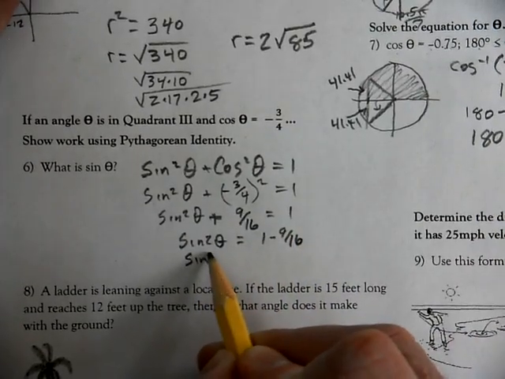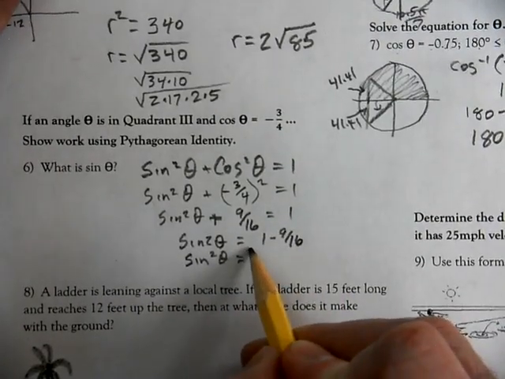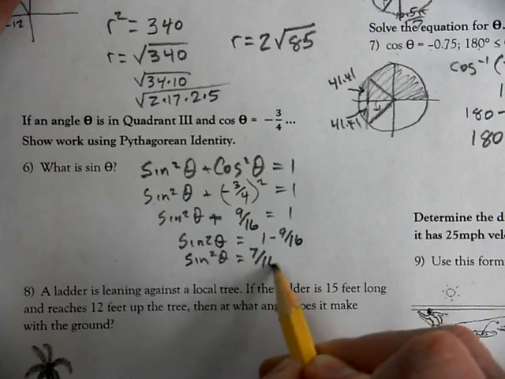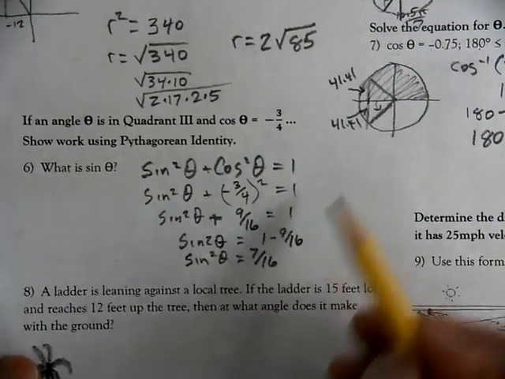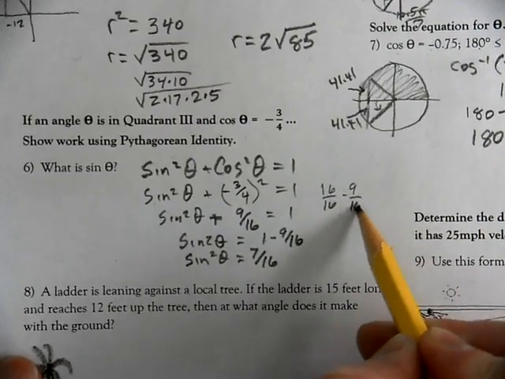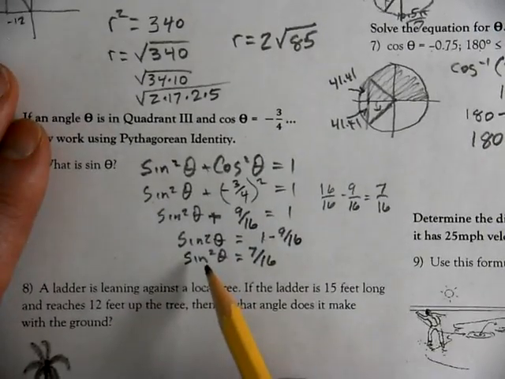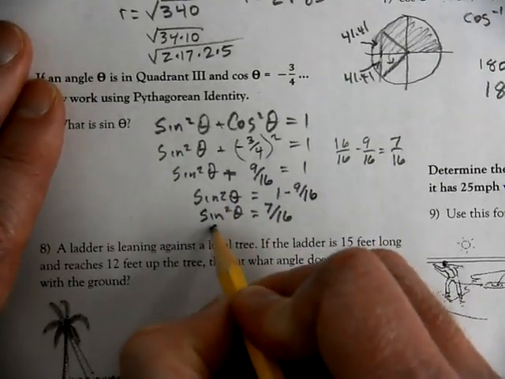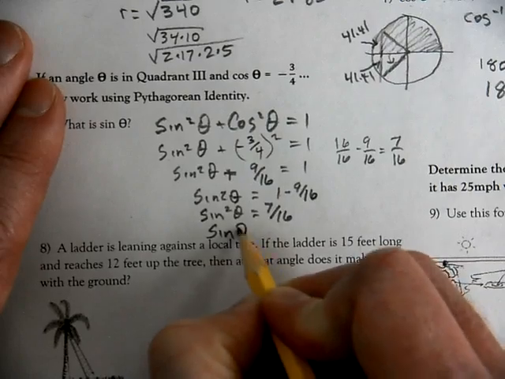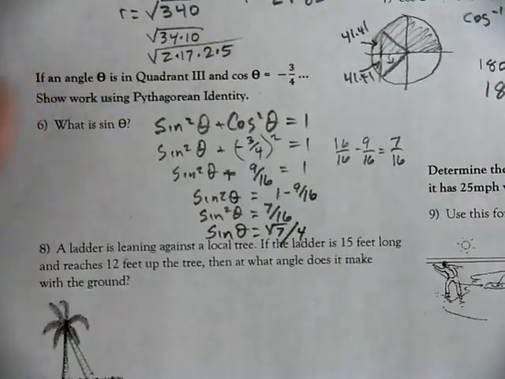So sine squared of theta equals 7/16. This would have been 16/16 minus 9/16 gives us 7/16. And then you take the square root to figure out just sine. So that's the square root of 7 over 4.